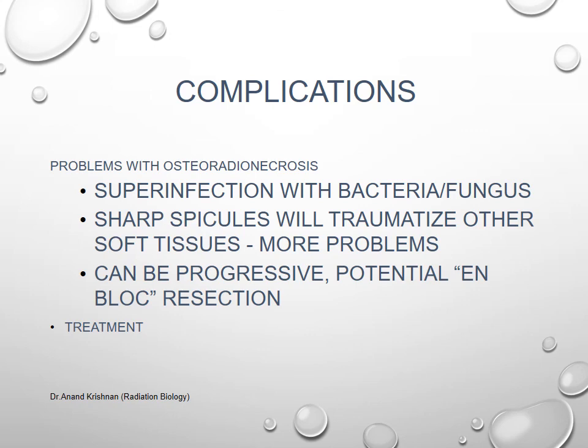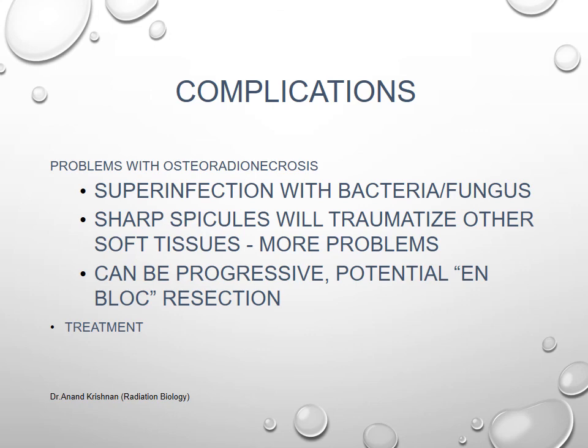The complications that occur with osteoradionecrosis are that, due to the existing condition, it can acquire superinfection from bacteria and fungus, and sharp spicules can traumatize other soft tissues, which leads to more complications.